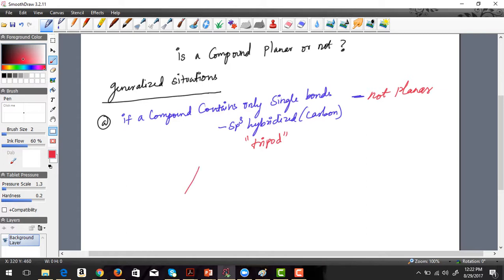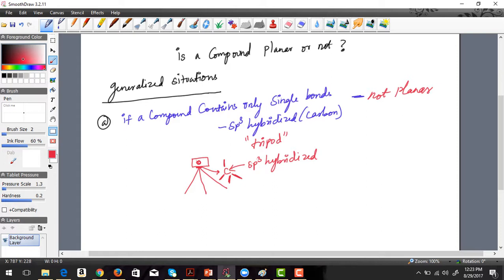If you notice, there are 3 legs to a tripod, right? Assume this is the little platform where you put your camera. If this platform right here is the carbon, and this is one of the bonds, which is where your camera is, and these are the 3 tripod legs, then this carbon is sp3 hybridized because it only contains single bonds all the way around, and that means it's not planar.